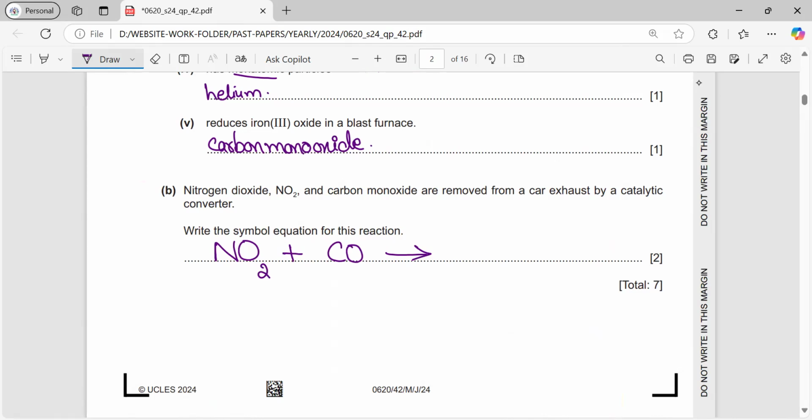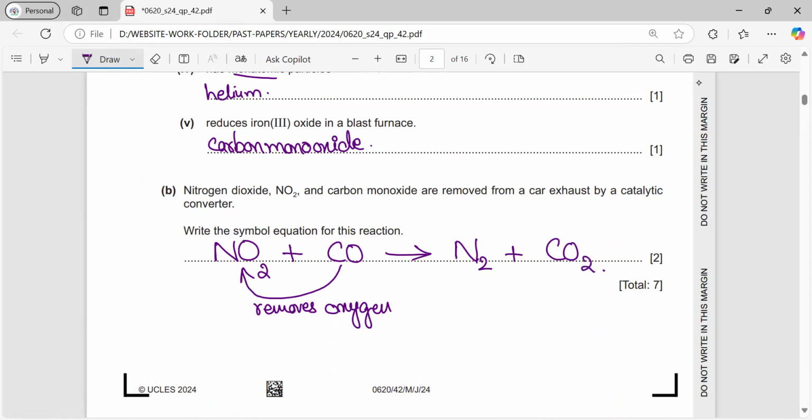Again, the carbon monoxide acts as a reducing agent and removes oxygen from nitrogen dioxide, and nitrogen dioxide will form nitrogen gas. Plus, this carbon monoxide converts into carbon dioxide.